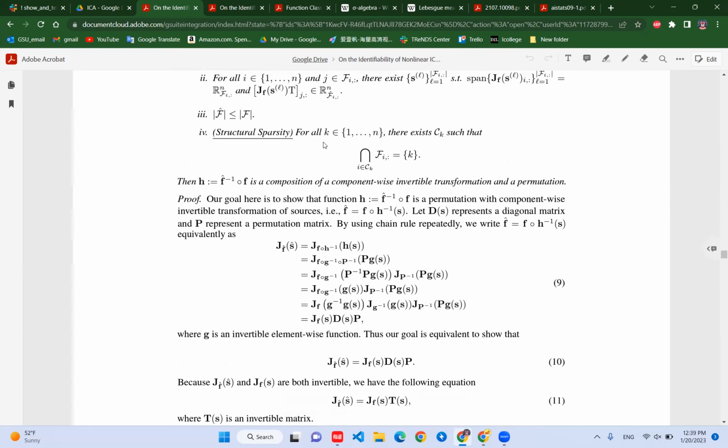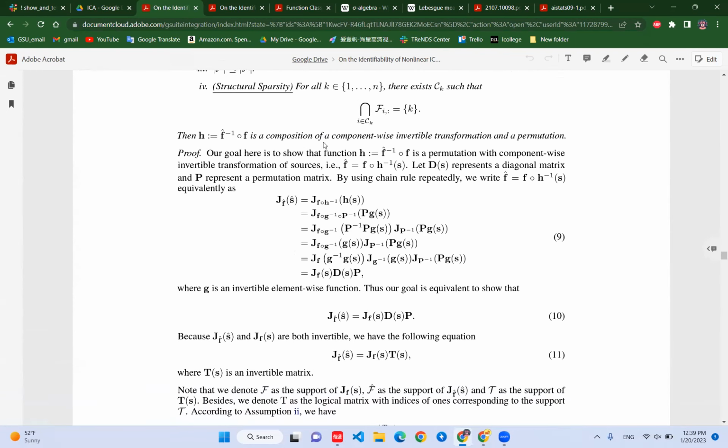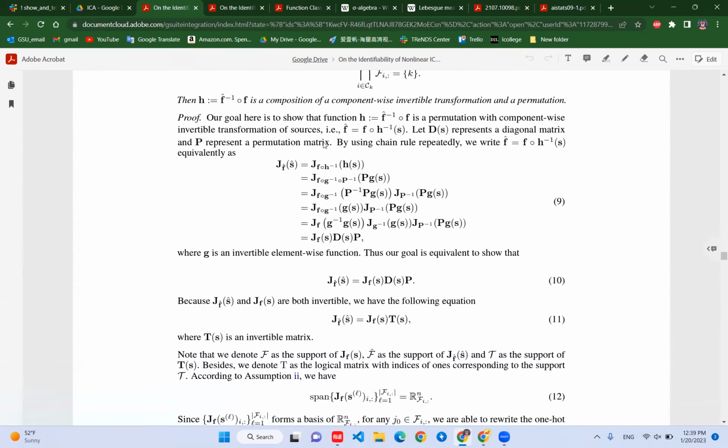Some H, which is just a composition of two functions, the inverse of the estimate times the ground truth. It's decomposable into an invertible transformation. How is it useful for anything for the nonlinear ICA? Where do they use this theorem? Do you get further? I cannot get that. Rogers, did you get further? Where are they using it?